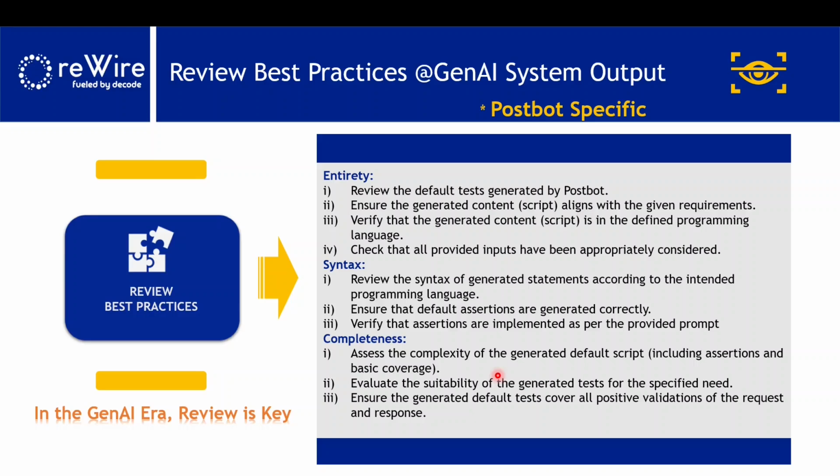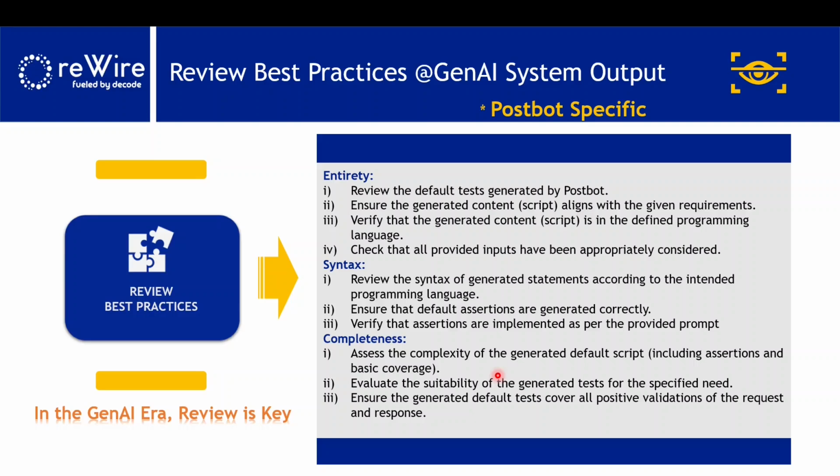And ensure the generated default tests cover all positive validations of the requested test. So in one go, whether the positive tests are appropriately created or not, we need to ensure. Positive tests mean your status code validation, status message validation, your structure validation, and mandatory field validation.